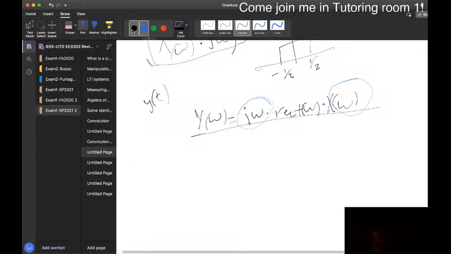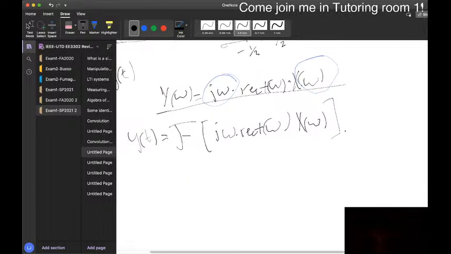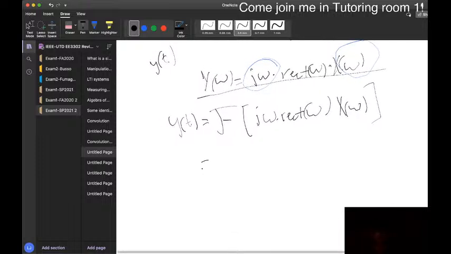So y of t is equal to the inverse Fourier transform of j omega, rectangle omega, times x of omega. I'm just going to keep writing this inverse Fourier transform.